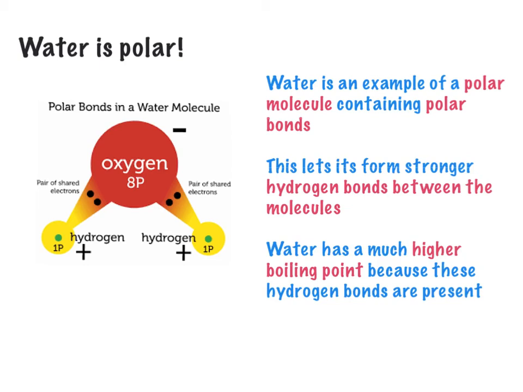Now this is really lucky for us, because what it does is it allows the water molecule to be attracted to nearby water molecules, and they set up a special bond between them. Now this is an intermolecular bond, and it's called a hydrogen bond, and it joins, if you like, a whole series of water molecules together.